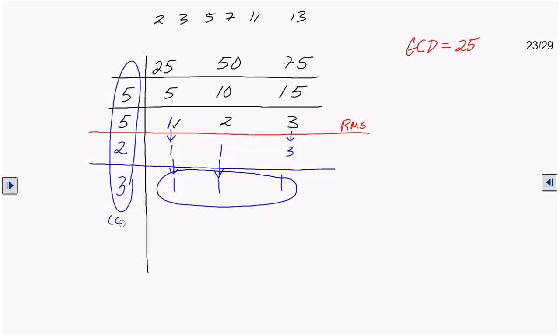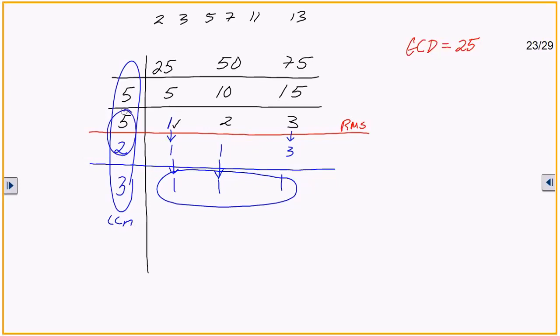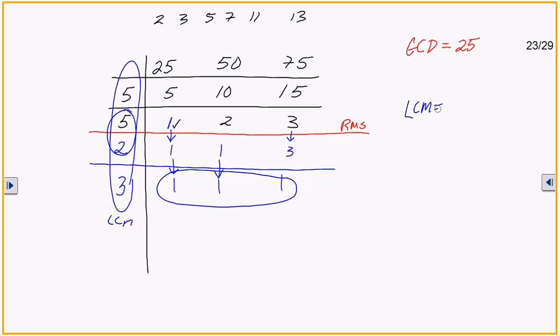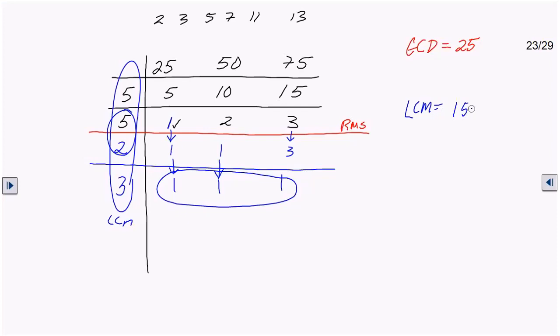Least common multiple, let's see, this is 10, so I'm going to use that to make it easy. 5 times 3 is 15. So our least common multiple is 15 times 10, which is 150.